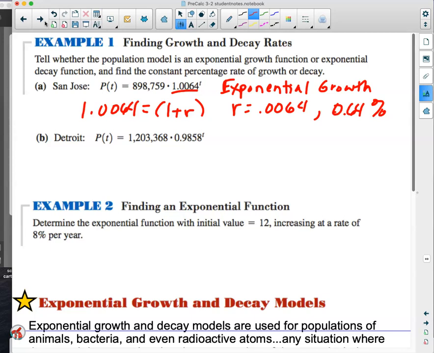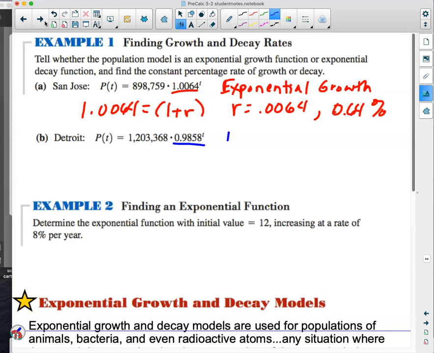And again, this is something you did back in Algebra 2. So we get to B, which is Detroit, and we find out the base for Detroit. Hey, wait a second, that's not bigger than 1. So this one was actually decay. Detroit has been losing its population since the closing of a lot of the automobile manufacturers.